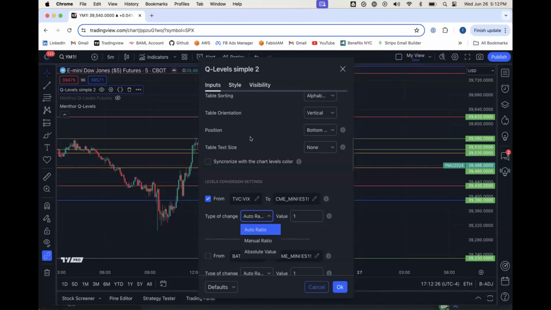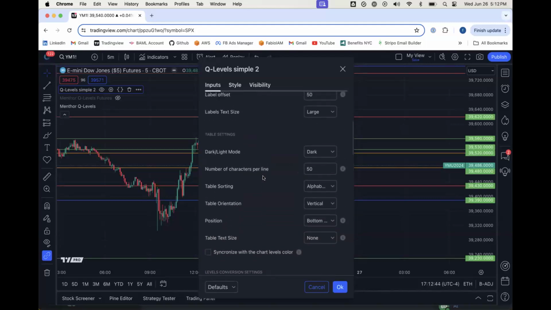Is the auto conversion going to be available on NinjaTrader? No, that's not going to be available. The reason is that NinjaTrader also has some limitations. So the indicator is going to be a little bit simpler than TradingView. So you're not going to be able to convert. It's going to be a pure straight upload of levels. You could convert them manually and you could upload them if you want to.